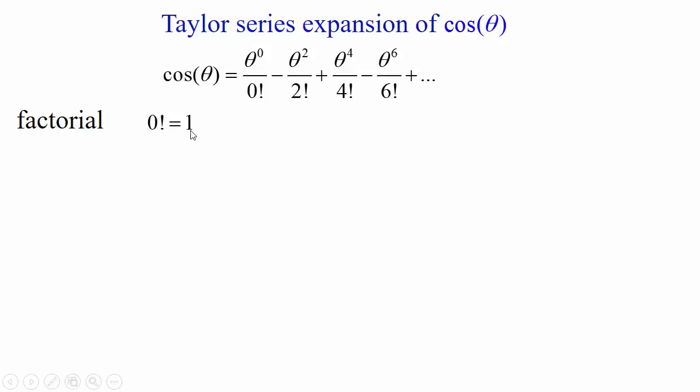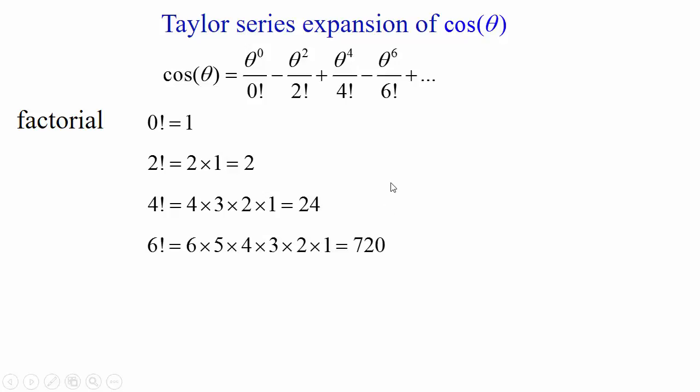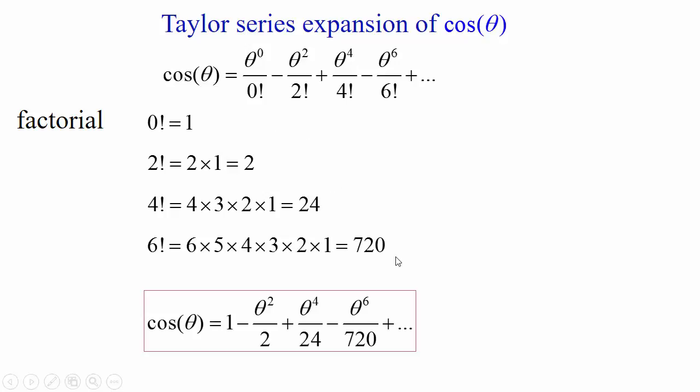0 factorial means 1, 2 factorial is 2 times 1, which is 2, 4 factorial is 4 times 3 times 2 times 1, which is 24, and so on. 6 factorial is 720. So making those substitutions, we have our Taylor series expansion to be what we have here.